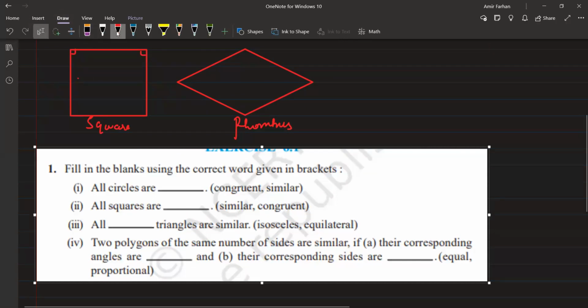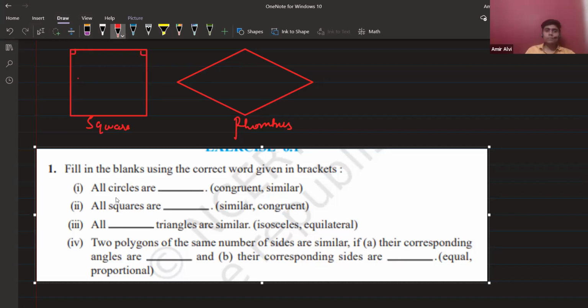We have to identify whether the given figures are similar or congruent. Adil, tell me, are all circles congruent or similar? Similar. Why? Because they form a common shape, a circle, but they can have different radii. Yes.